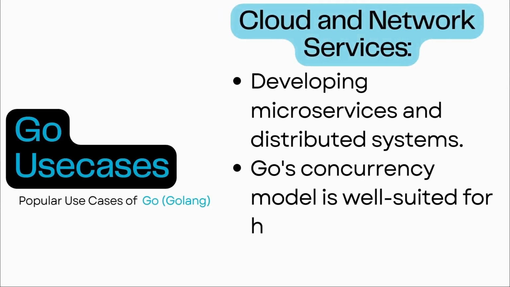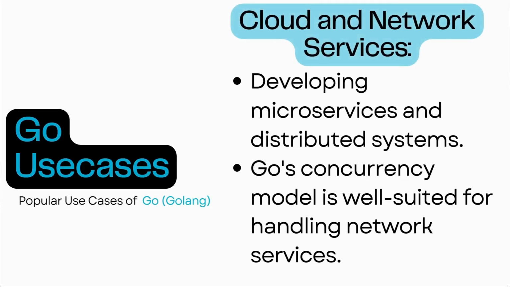And next comes cloud and network services. Here again, Go's concurrency model, which is very famous, is well suited for handling network services. If you want to develop microservices or distributed systems, Go would be the better choice. What do you mean by microservices?